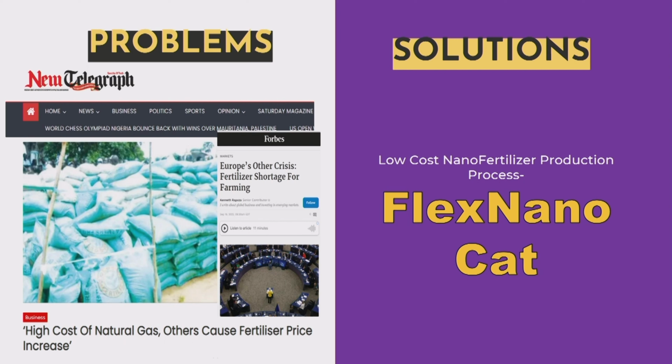Also, a fertilizer shortage for farming is expected in Europe. So the solution is a low-cost nanofertilizer production process through flexible nanoparticle catalysis technology.